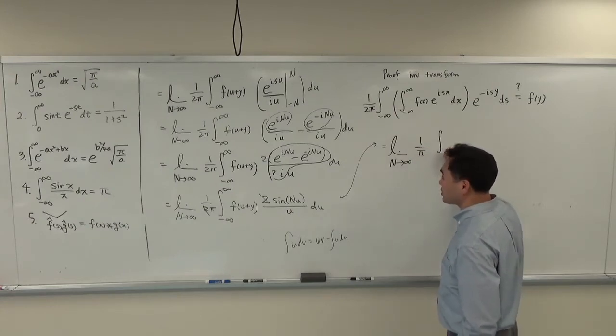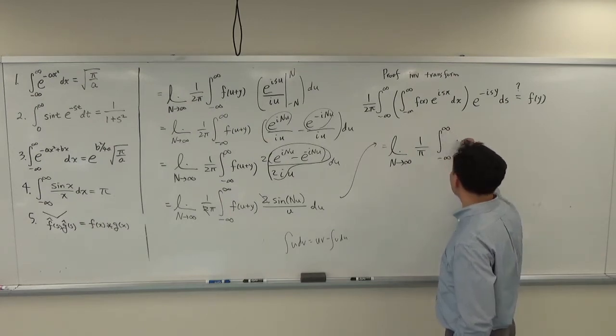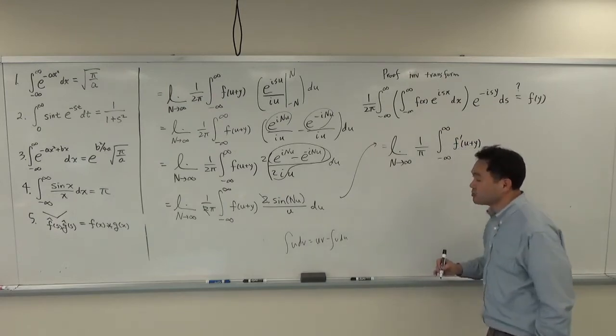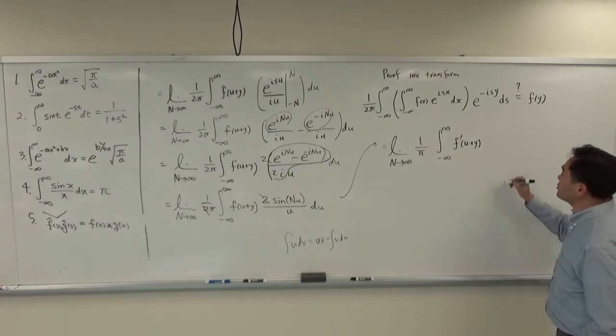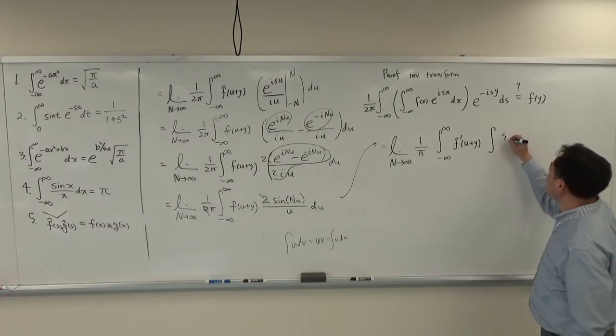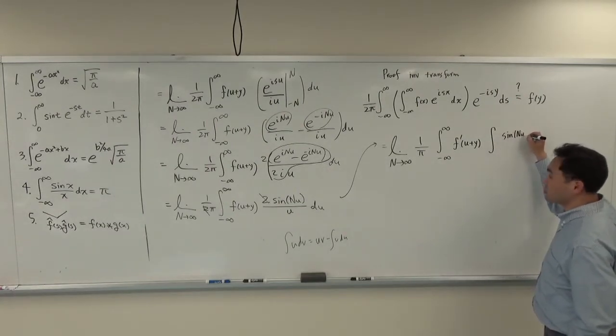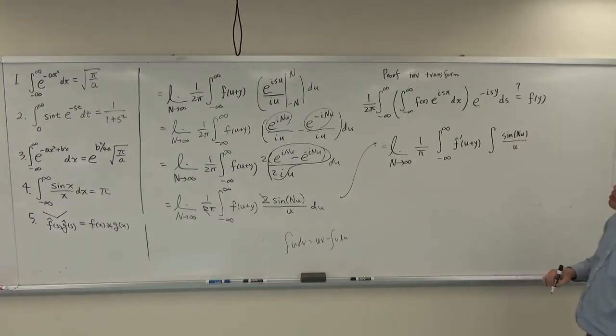So you end up with the integral from negative infinity to positive infinity of f prime of u plus y, times the integral of sine nu over u, du.